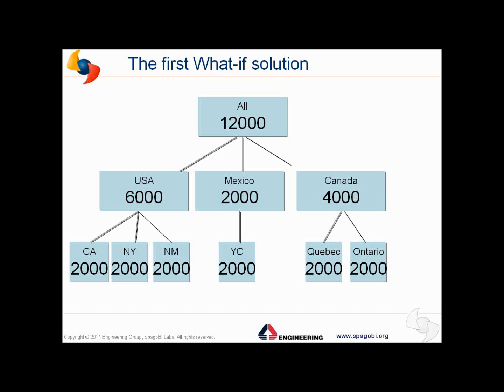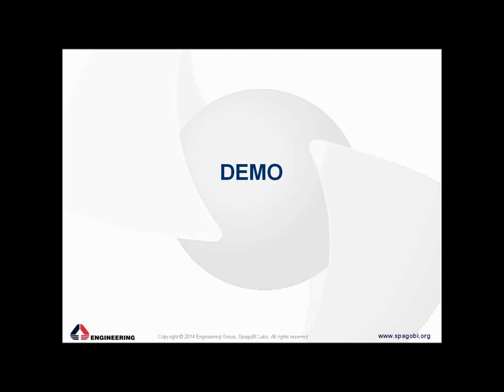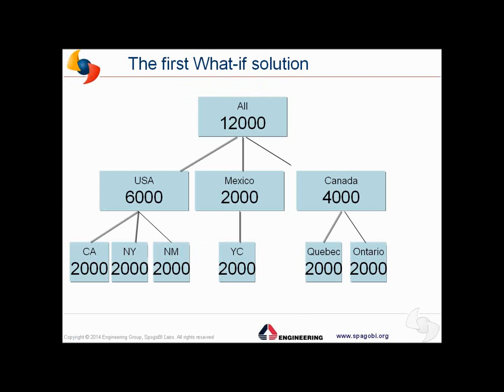So, two algorithms. One considers the number of leaves. This one. Okay. And so every leaf will have the same value. The other algorithm considers the proportion between the edited cell and all the children.